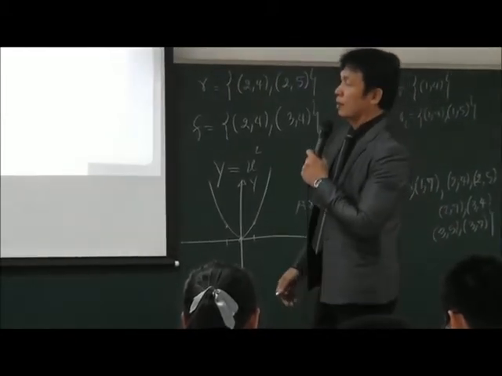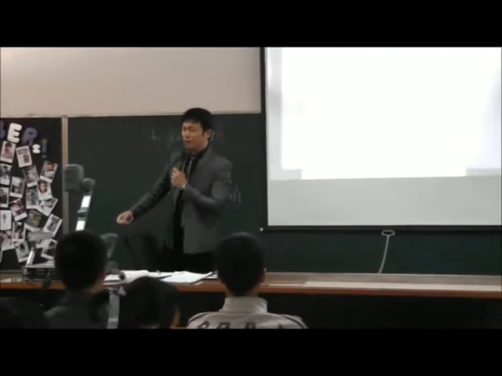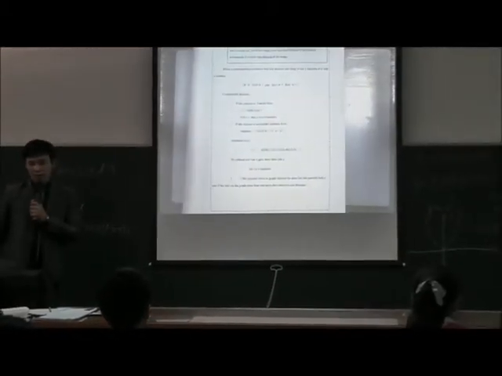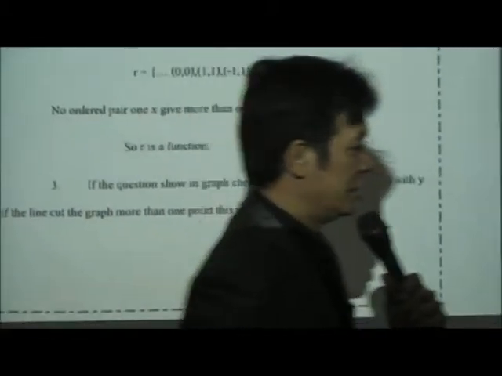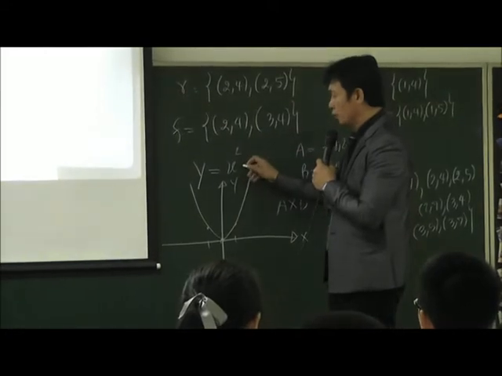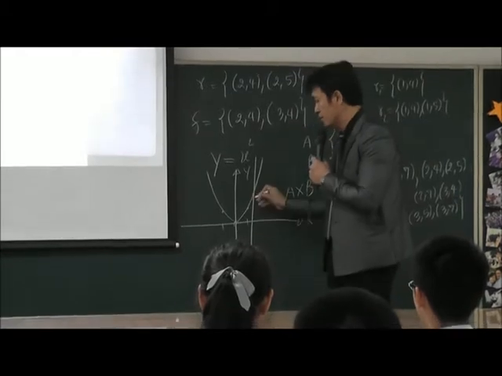After that, the third step: after we sketch the graph, how can we check? We check by drawing a line parallel to the y-axis. Parallel means like this.